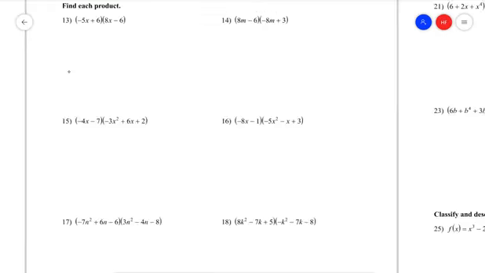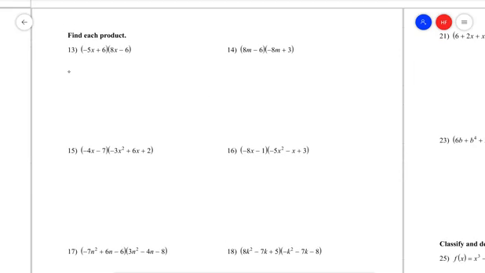Then on the next section, we are finding the product, which means we're multiplying. So we're going to take this first term, multiply it by both of the terms in the second set of parentheses. Negative 5x times 8x is negative 40x squared.